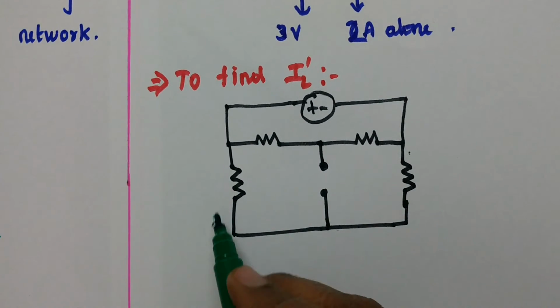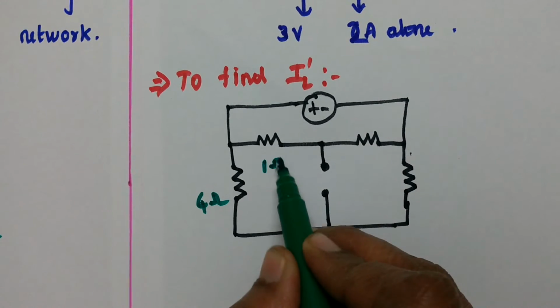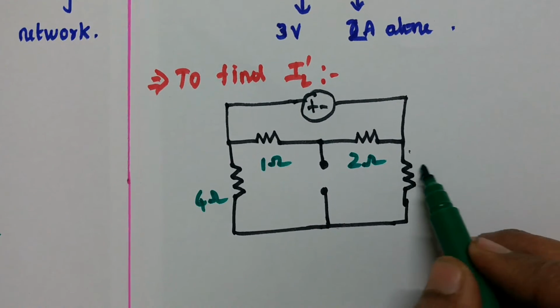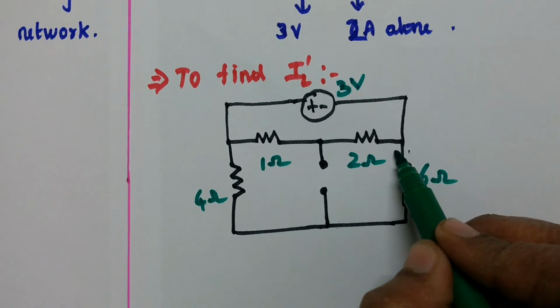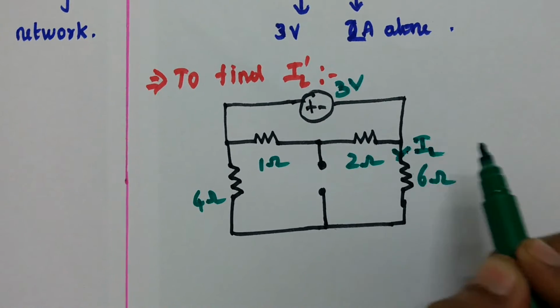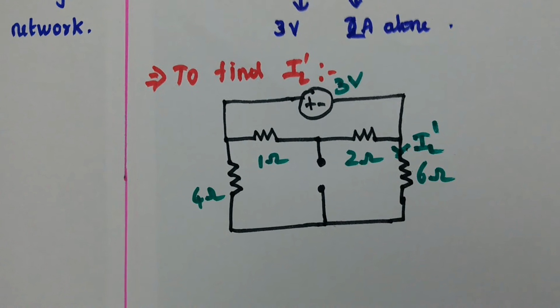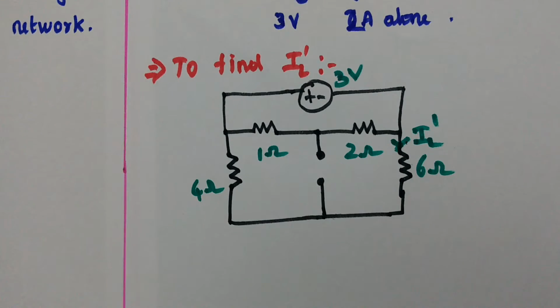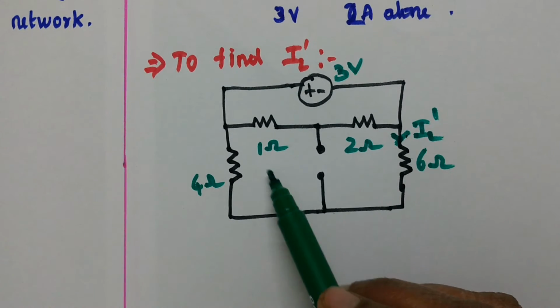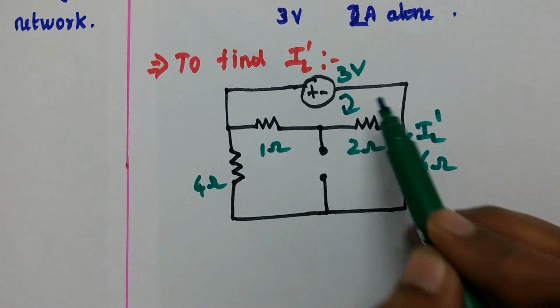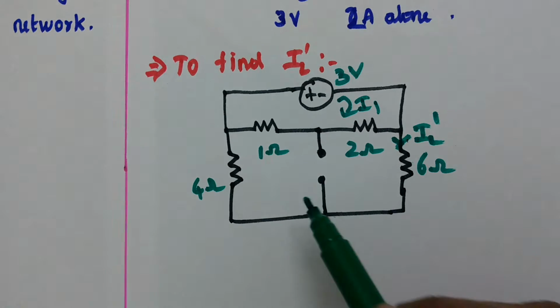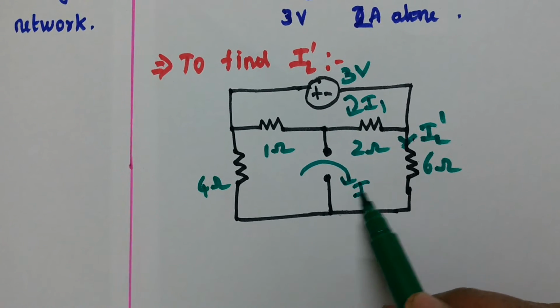So this one is 4 ohms, 1 ohm, 2 ohms, and here 6 ohms, and this one is 3 volt. So the response is IL dash. Now we can find the response. So here when the current source is open circuited, this will become a total of one loop. So let me take this loop current as I1 and this loop current as IL dash.